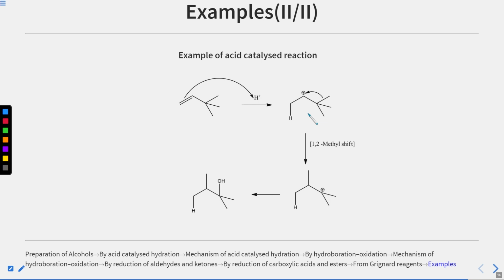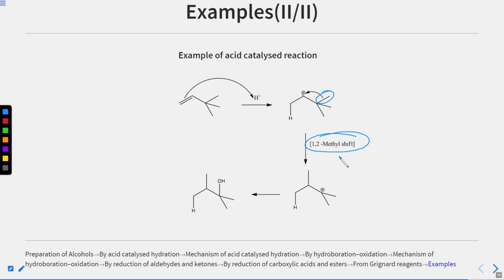Now the simple mistake that can be made, only because we do not think of it twice, is to say okay, this is the center, we will directly attack with OH and you will get OH here. But this is not the case. Now there is a possibility of methyl shift. This is our methyl group. Now this can be shifted from here to here.